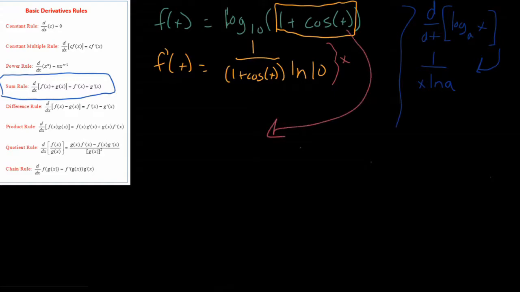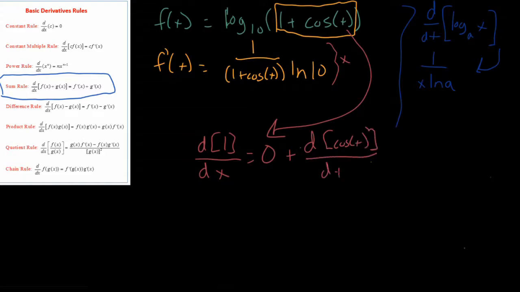1 plus cosine x, we know that the derivative of 1 with respect to x is equal to 0. So it's 0 plus the derivative of cosine of x with respect to x. And the derivative of cosine of x, we all know, or should know, is negative sine of x.